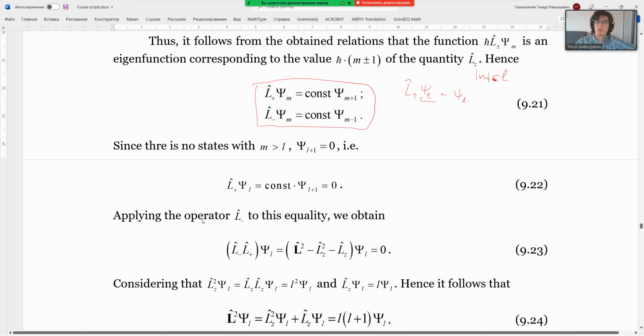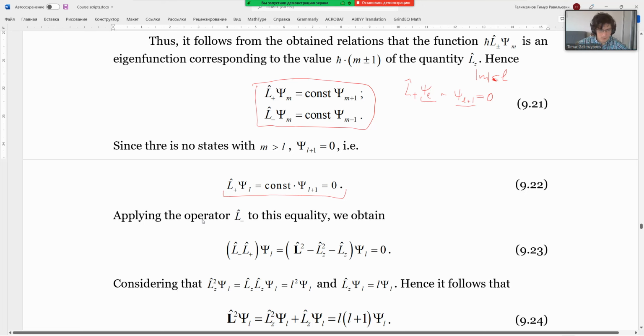We get psi L plus 1. However, we know that there is no such state with angular momentum larger than the maximal projection. So psi L plus 1 couldn't exist. That means that psi L plus 1 equals 0. So we depict it here.